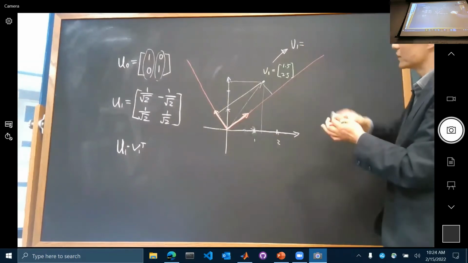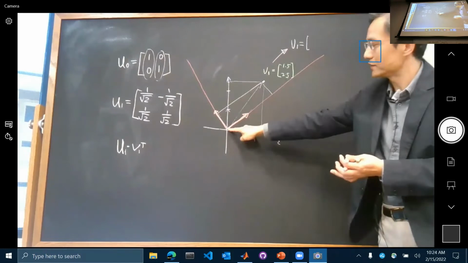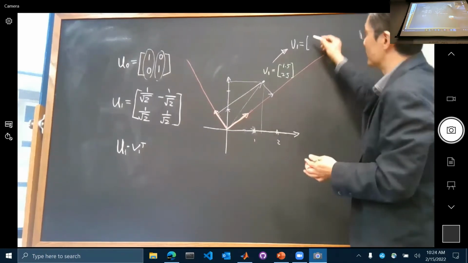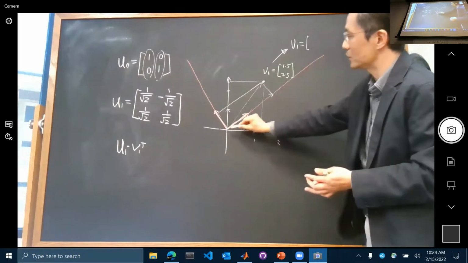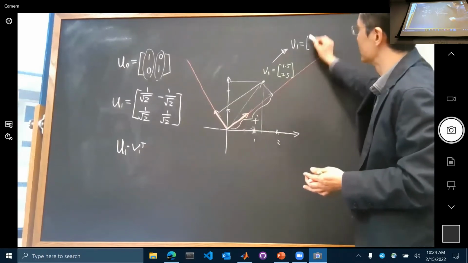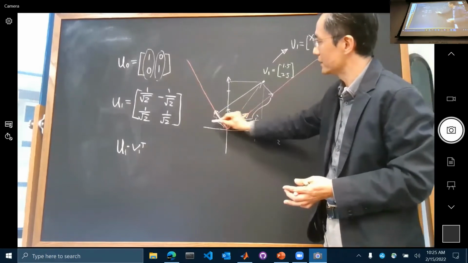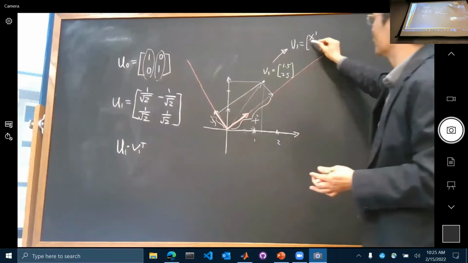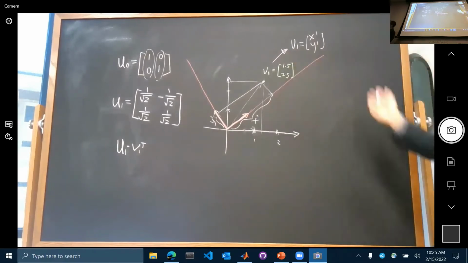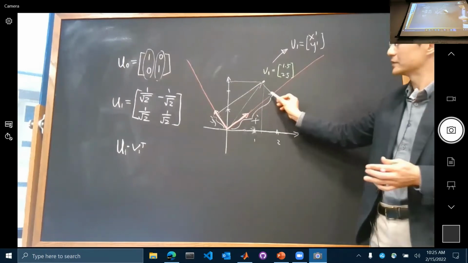The length of the first value will be from here to here, and the second value will be the new y. That's for V1. After you rotate and have a new coordinate system, the length.